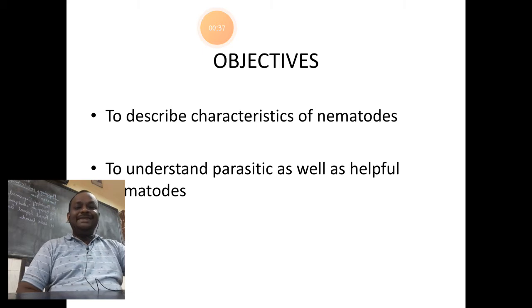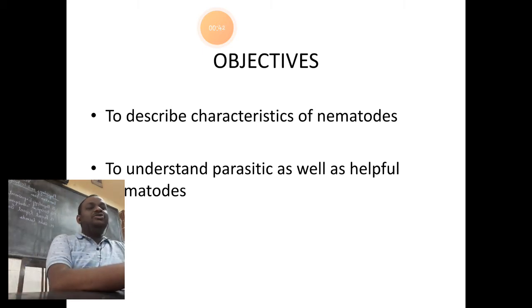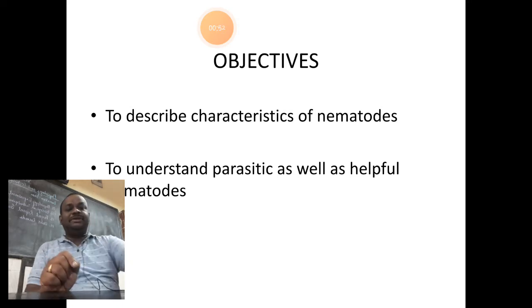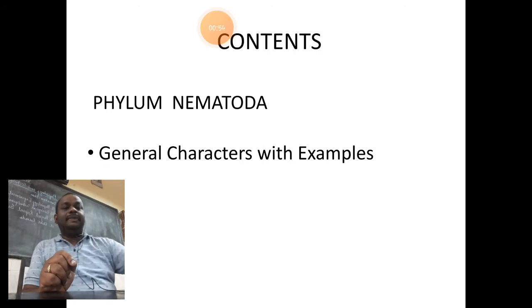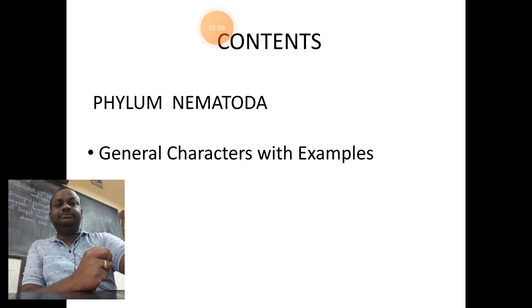So, the objectives of the present session are to describe the characteristics of nematodes and to understand the beneficial and parasitic nematodes. Contents include the study of general characteristics of the phylum Nematoda with examples.